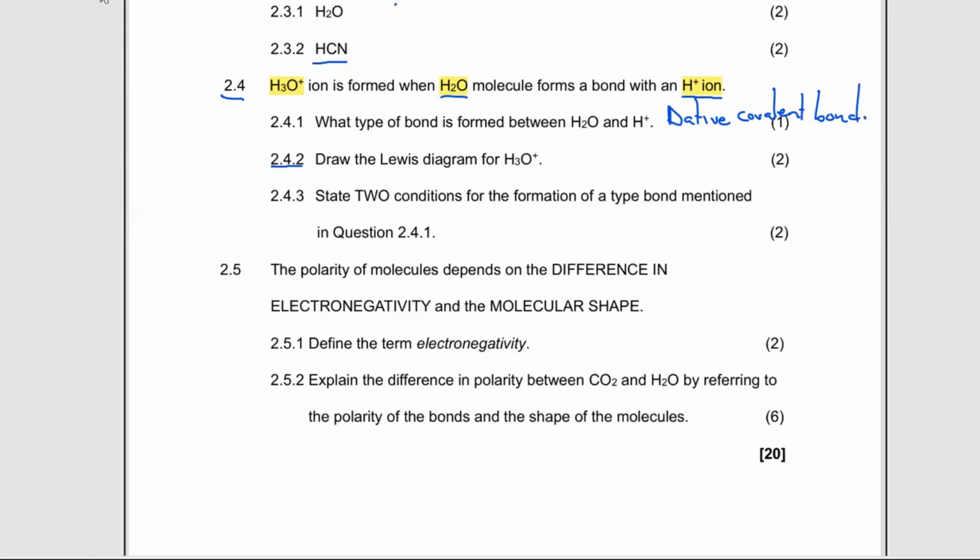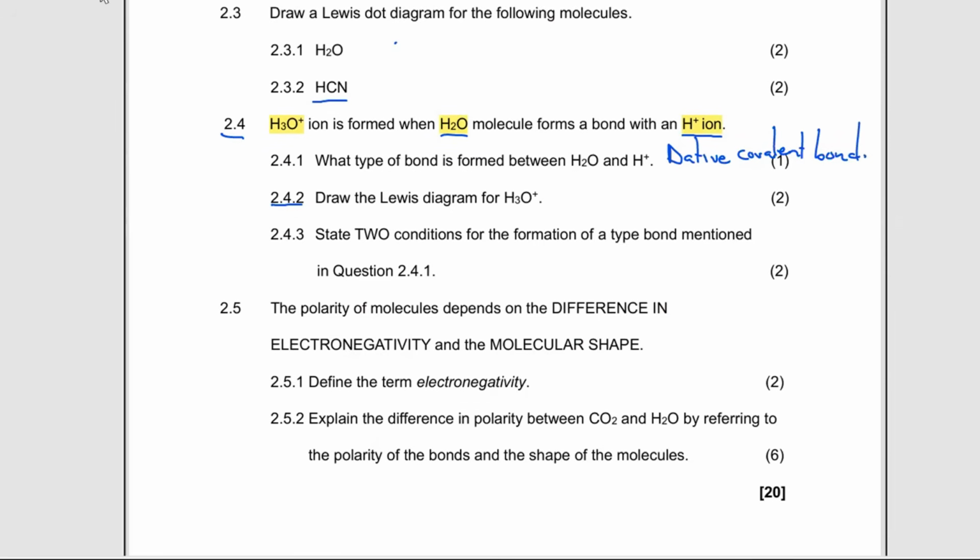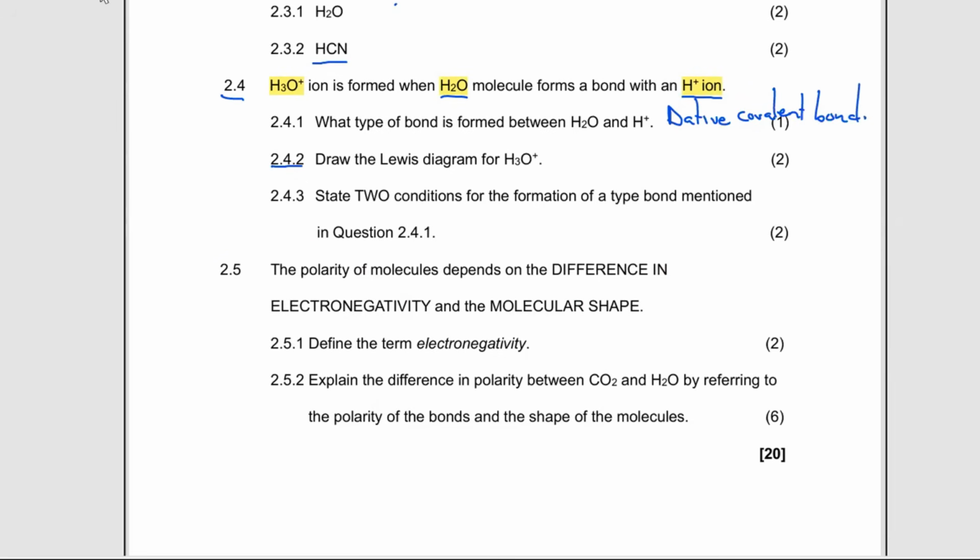Then 2.4.2 says to draw the Lewis diagram for the H3O plus. What we are supposed to indicate is where the H plus is going to be. Let me use this space here. I'm going to start with the H2O molecule, and since we already have H3O plus, I'm going to start with my oxygen.